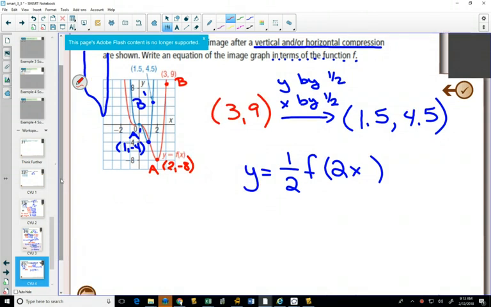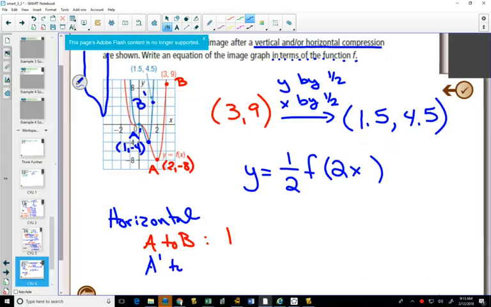So if we start with horizontal distances, and we look at our original, if you go from A to B, how much do you have to travel horizontally? You go from 2 to 3. Can you see that you've moved over? The distance between them is just 1. But if I look at the horizontal distance from A prime to B prime on the blue one, I go from 1 to 1.5.